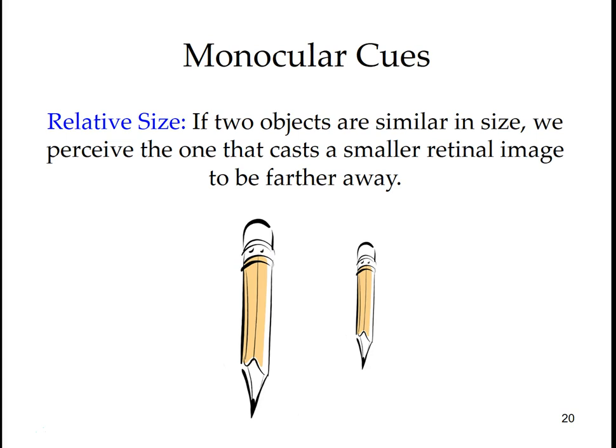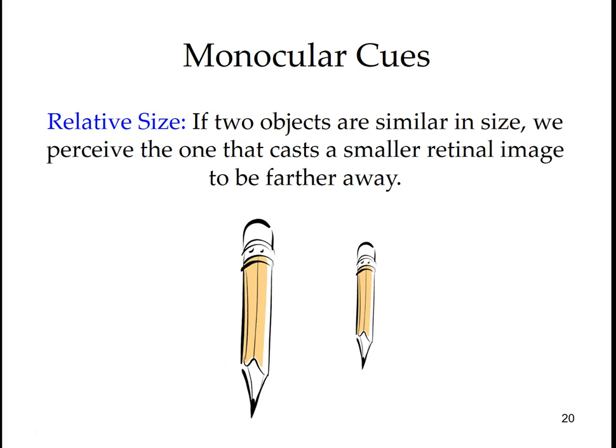Monocular cues enable us to judge depth using information from only one eye. The monocular cues include relative size: the smaller image of two objects of the same size appears more distant. Interposition: nearby objects partially obstruct our view of more distant objects. Relative clarity: hazier objects appear more distant. Texture gradient: a gradual change to a less distinct texture suggests increasing distance.